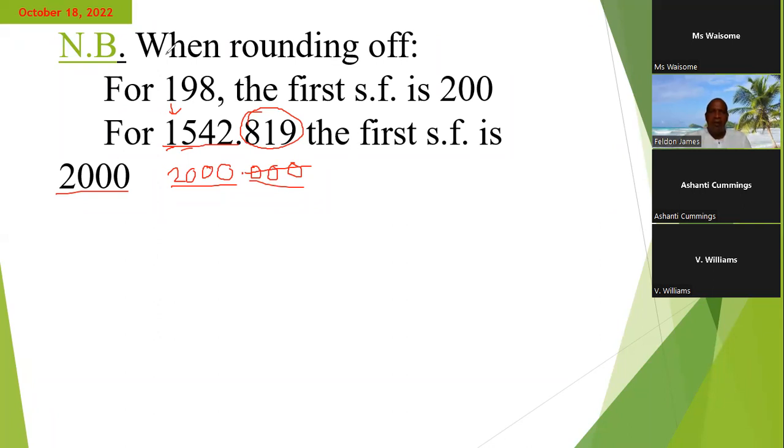Right. So remember now, we are only concerned about the first significant figure. And if we are rounding off to that first significant figure, if we're rounding off to whole numbers, once we have rounded up to the first figure, for the other numbers within the whole number part, which would be to the left of the point, we have to put zeros there. But after the point, there's no sense of putting zeros here, because the value in decimal that comes after the point would be the fractional part.